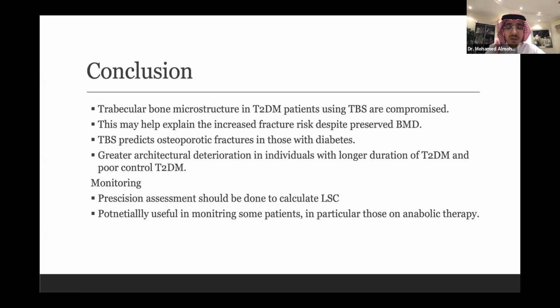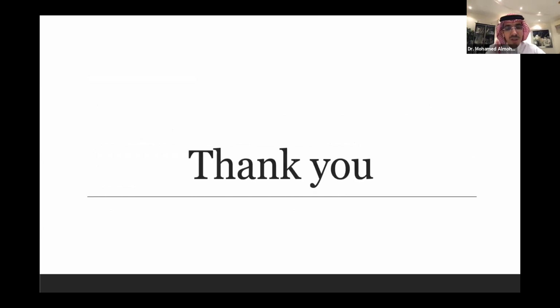Also, we've seen greater architecture deterioration in individuals with long-term diabetes duration, above 10 years, and those with poor glycemic control, an A1C of 7.5 in these studies. In regard to monitoring of therapy, we should do the precision assessment, and there may be a role in monitoring therapy, especially in those taking anabolic therapy. With that, I would like to conclude. Thank you for your attention, and the mic is yours, Antoine.